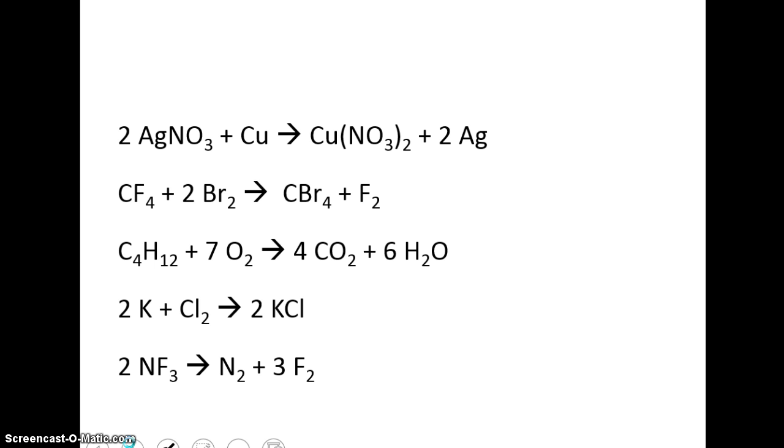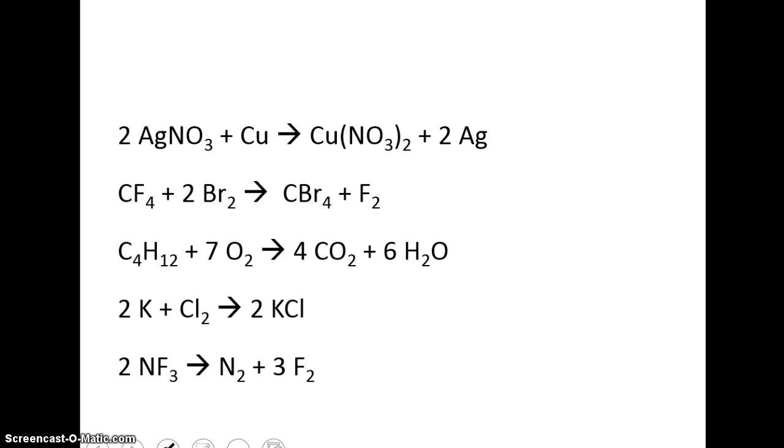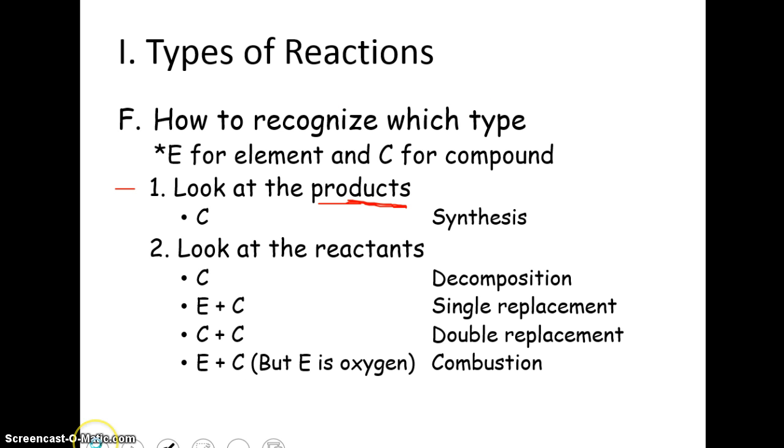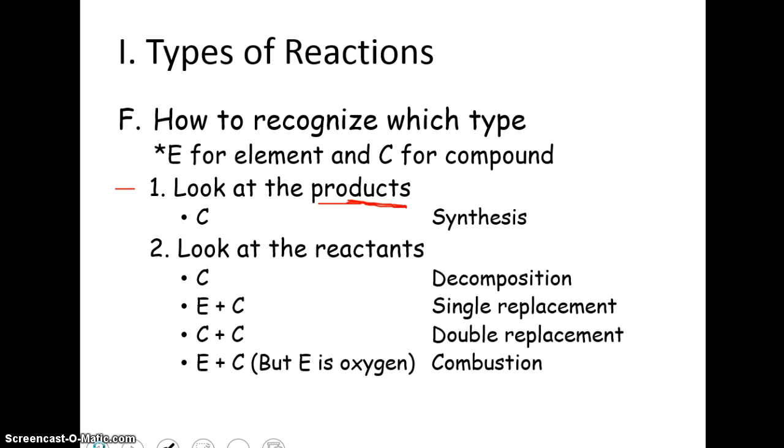So first, you always want to look at the products, as we said. For the products I see a compound and an element. Remember, if you have more than one capital letter, it's a compound. If you have only one capital letter, it's an element. So it cannot be synthesis, because synthesis is supposed to be one compound and nothing else. So then you want to look at the reactants.